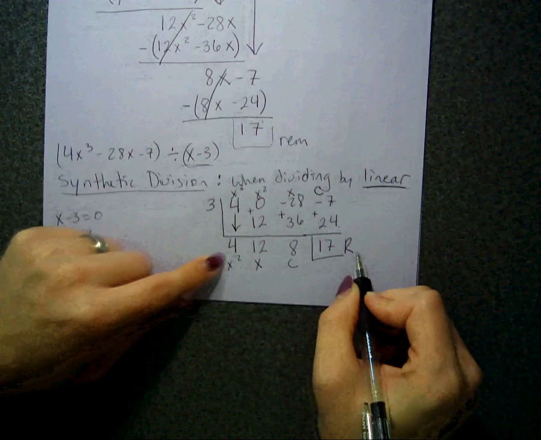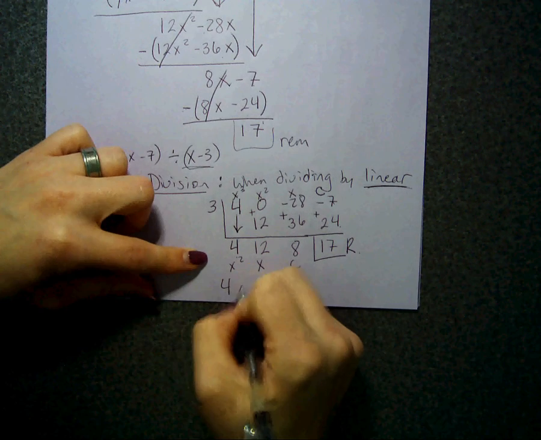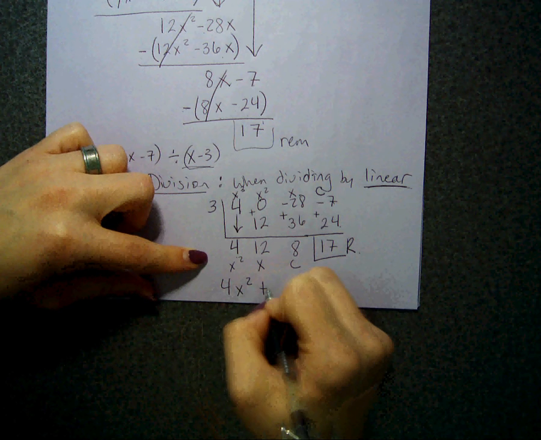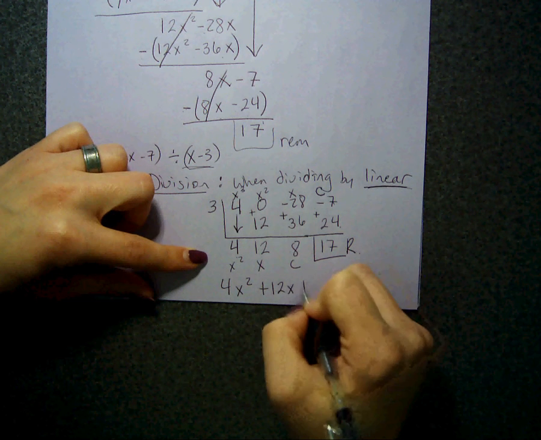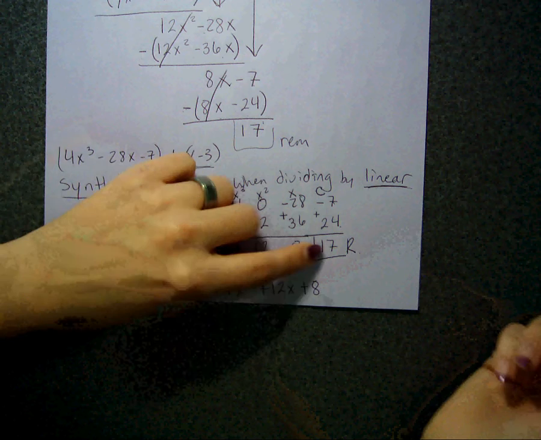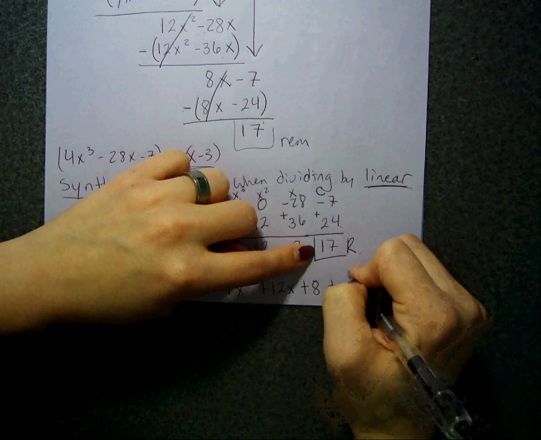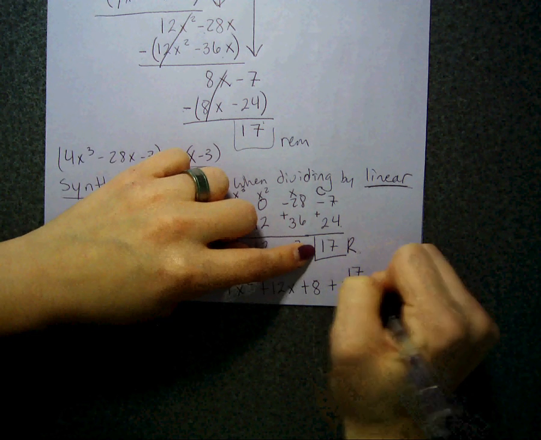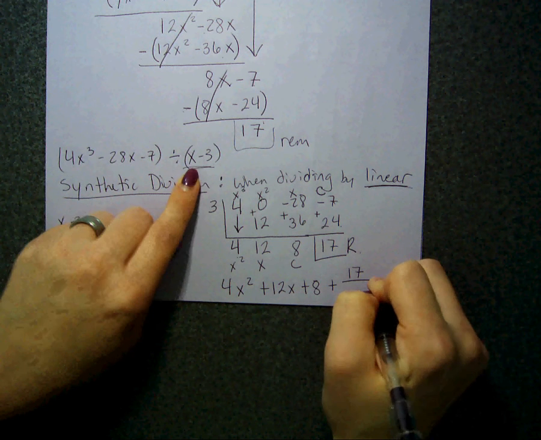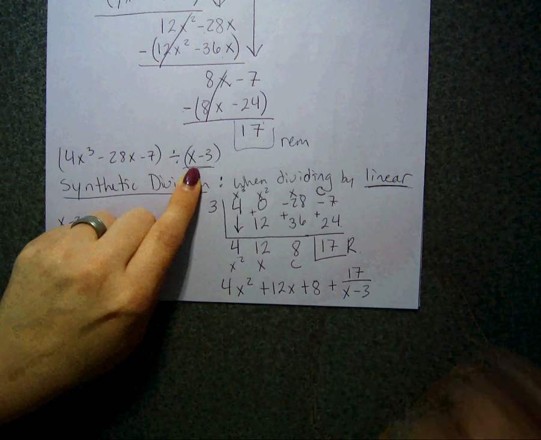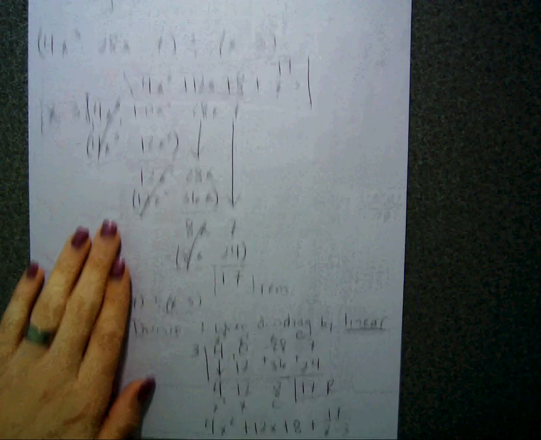So my answer is 4x squared plus 12x plus 8. And then my remainder, I'll have plus 17 over what I was originally dividing by, so x minus 3. And if you look, that is the same exact thing that we got from doing long division.